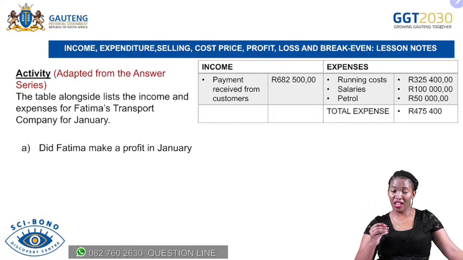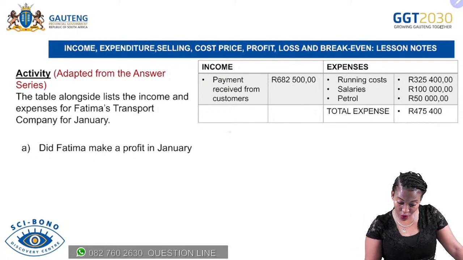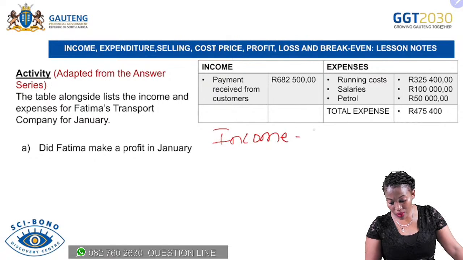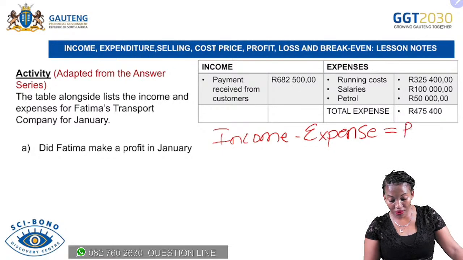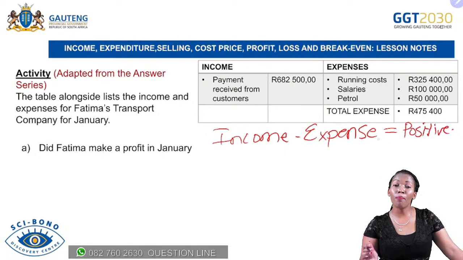So only then we will say that the business has made a profit, or we'll know whether the business has made a loss. So if you say your income and then you subtract your expenses, and then the answer that you get is positive, then we know that the business has made a profit.